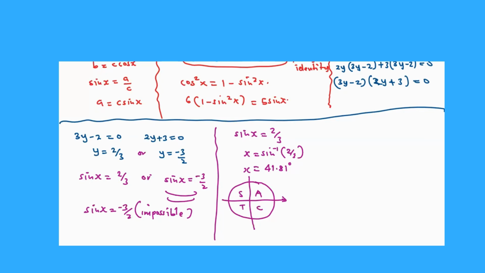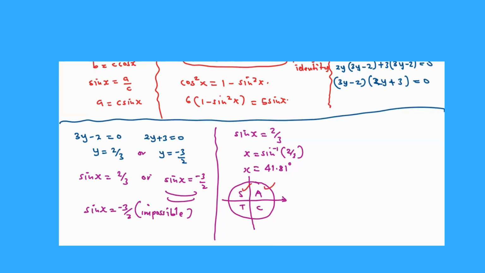The other one, T, only tangents are positive there. Only cosines are positive at C. Then you see sine x being equal to 2 over 3 means the value of sine x is positive. So where do we get that? We get the value of sine x in this quadrant and this quadrant.